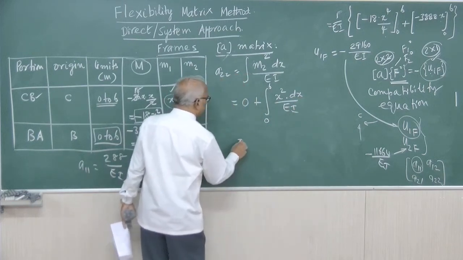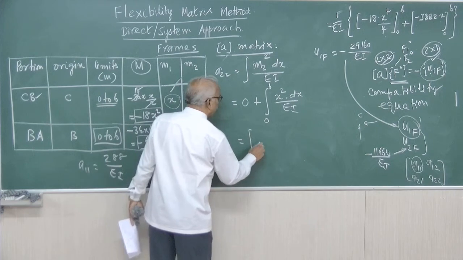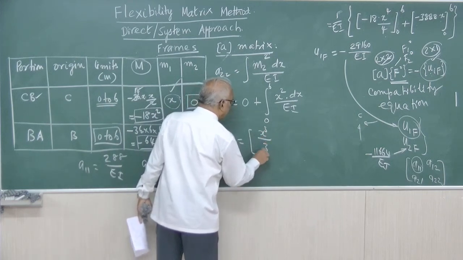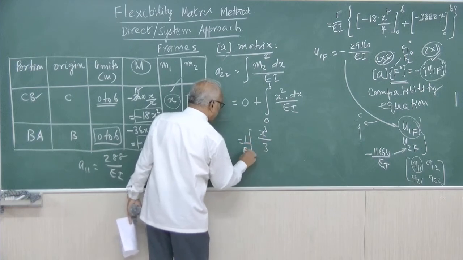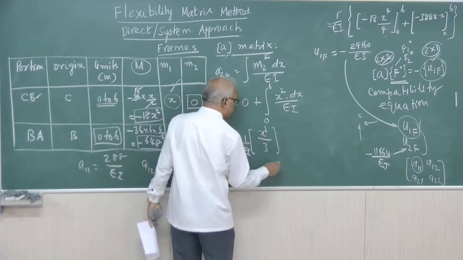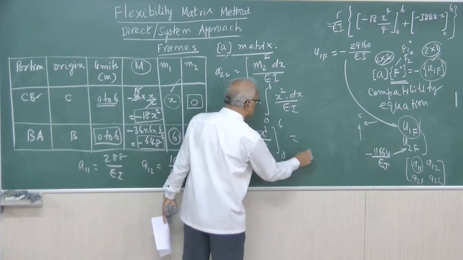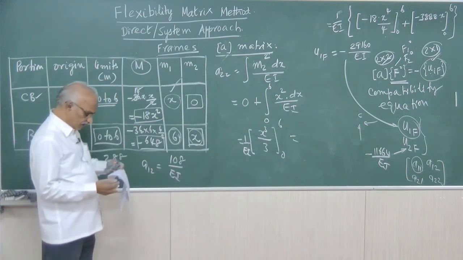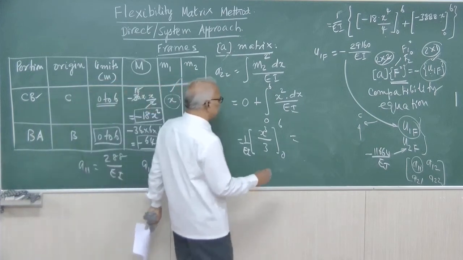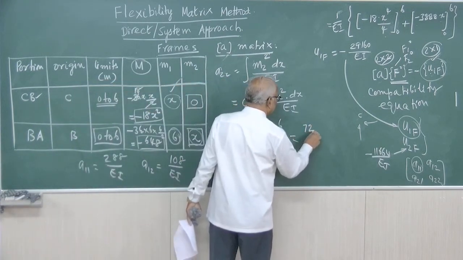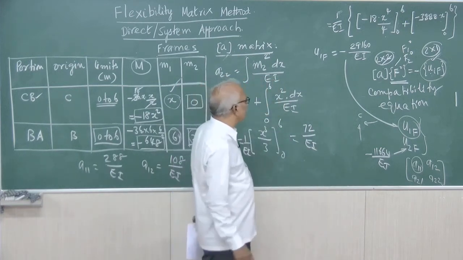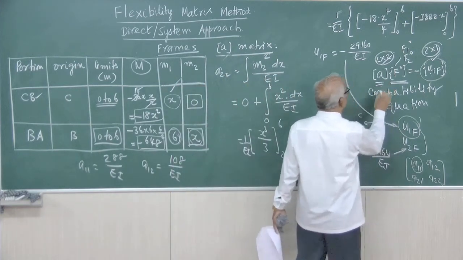This is equal to x cube by 3, 1 by EI, 0 to 6. X square will become x cube by 3. So, that value will be equal to 72 by EI. Now we have got all values for the A matrix.